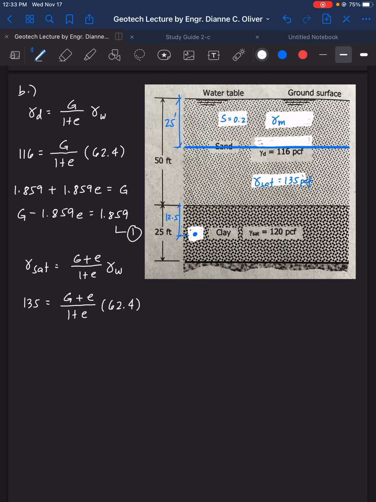Then we have here 2.163 plus 2.163 E is equal to G plus E. And we have here G minus 1.163 E equals 2.163. Equation number 2. Okay, so using your calculator, you can now solve for the values of G and E.